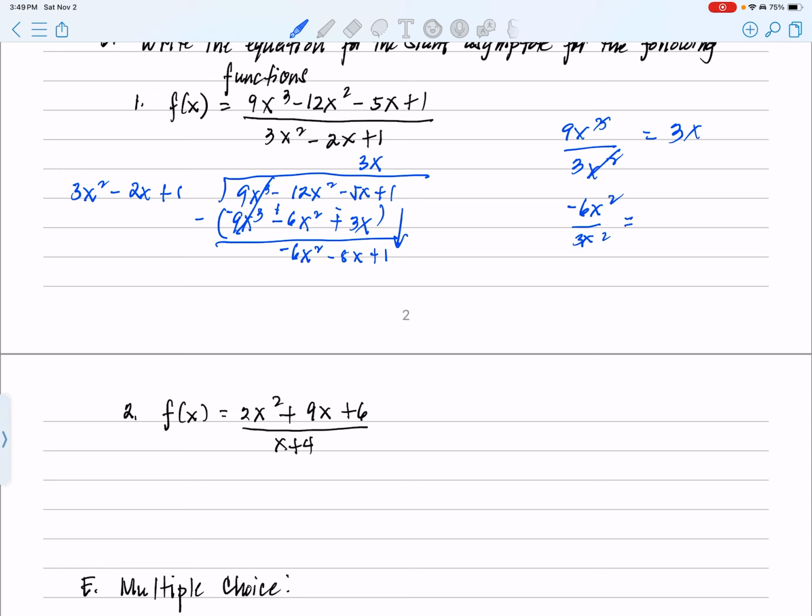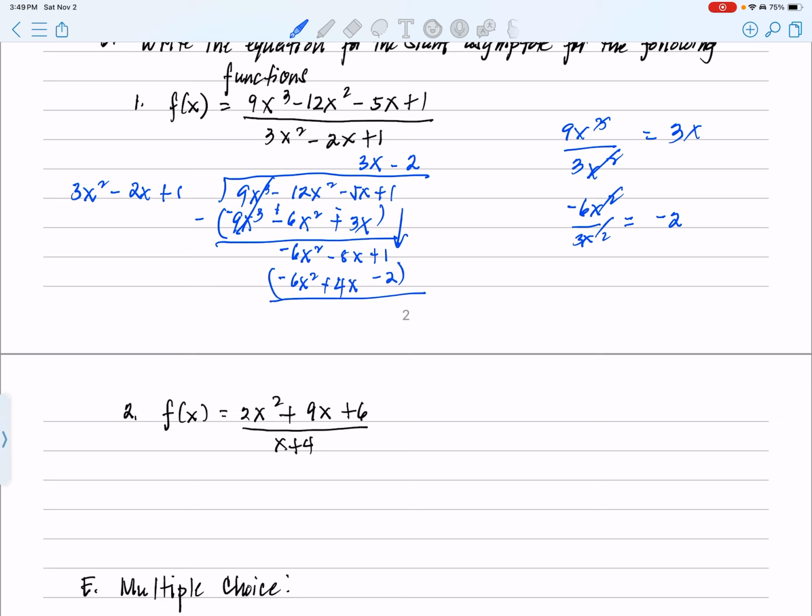The x squared cancels out. Negative 6 divided by 3 is negative 2. If we multiply it back, we have minus 6x squared plus 4x minus 2.